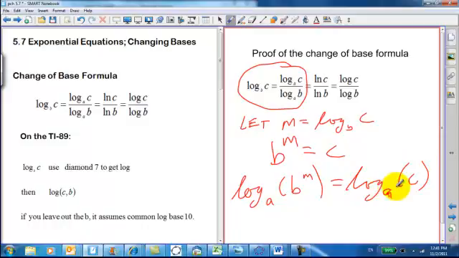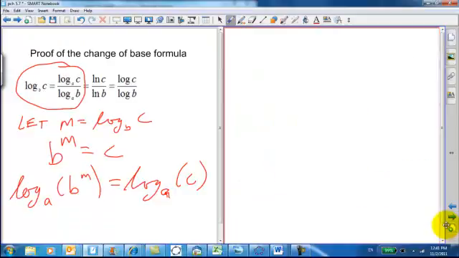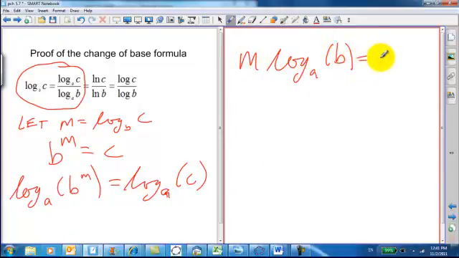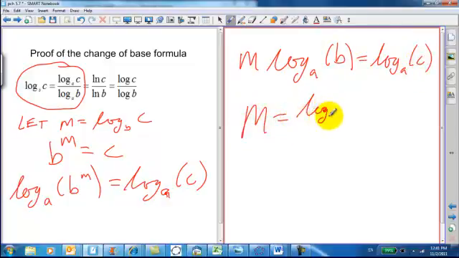Okay, good so far. And then we can use the bump the log rule. m times the log base a of b equals the log base a of c. And so m equals the log base a of c over the log base a of b. But what was m? m was the log base b of c.